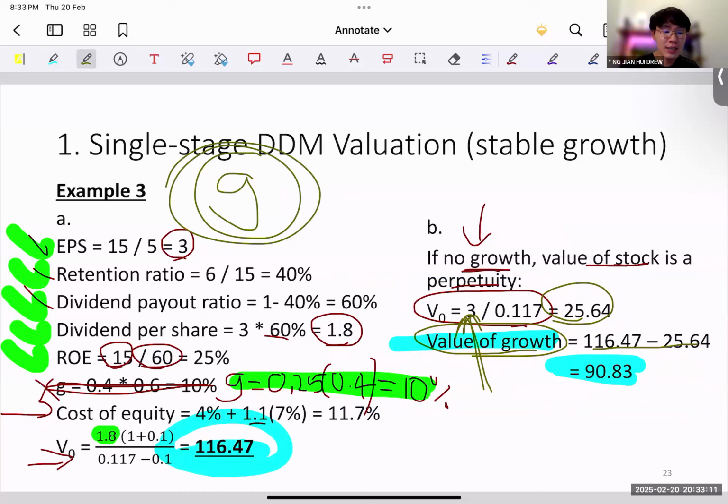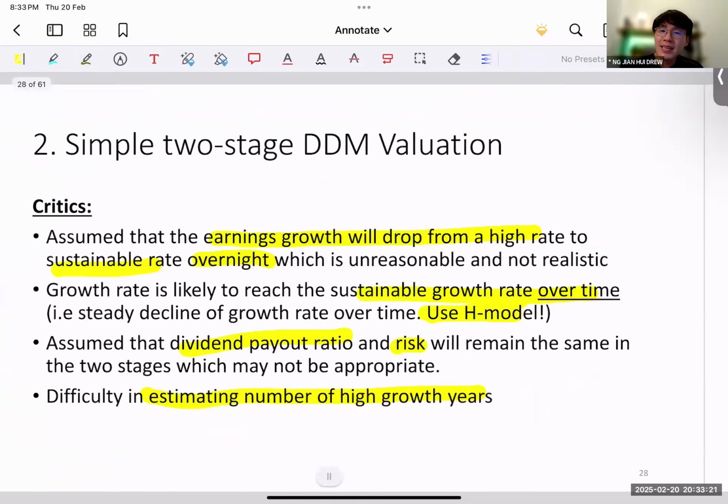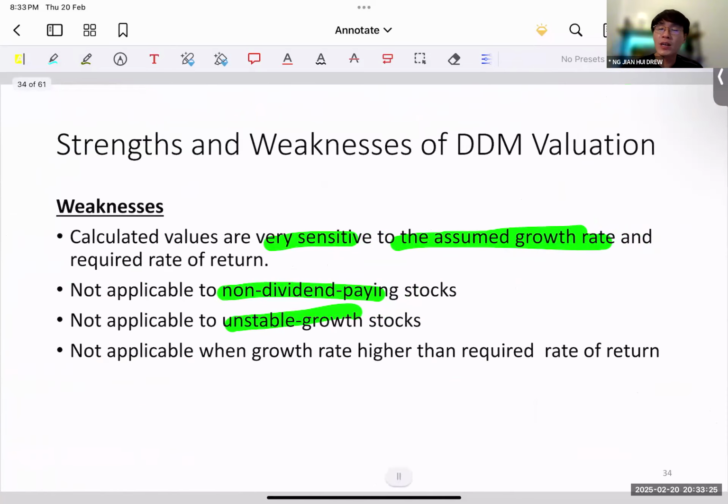So if G changes, your value of growth will change a lot as well. So a lot of emphasis is placed on G. Sometimes estimating G can be very tough. Even using historical G figure might not be correct, right? So it becomes very tough to accurately determine the value of a stock using your dividend growth model.